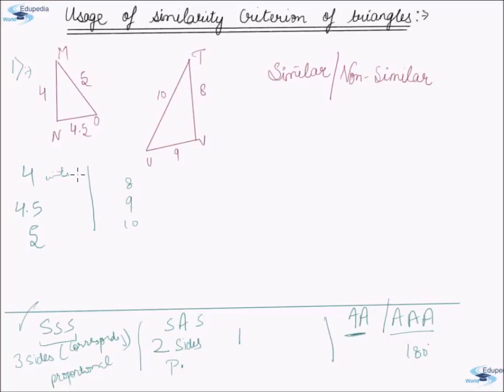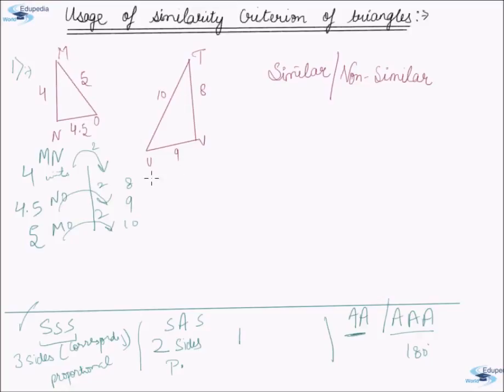If we look clearly, 4 multiplied by 2 will give 8, 4.5 multiplied by 2 will give 9, and 5 multiplied by 2 will give 10. Thus, we have arranged corresponding sides. The side corresponding to 4 is MN, corresponding to 4.5 is NO, and corresponding to 5 is MO.